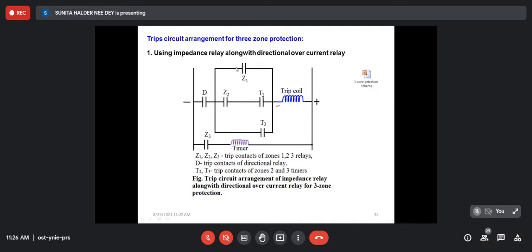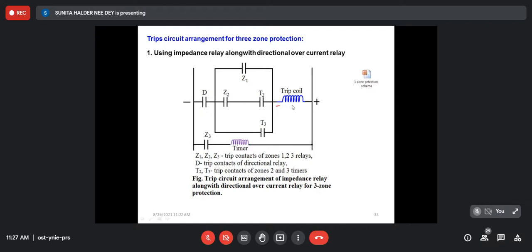Okay, if it is not operating, then when the first zone relay fault has been initiated, the timer was in operation. After the timer has completed its time, this timer contact will be closed. Then this relay will operate, these two contacts will close and the trip coil will get energized.